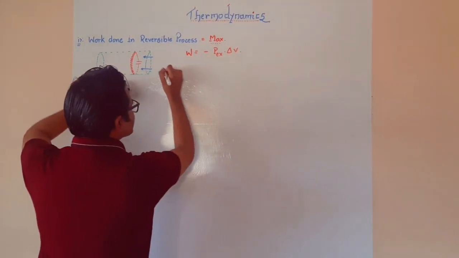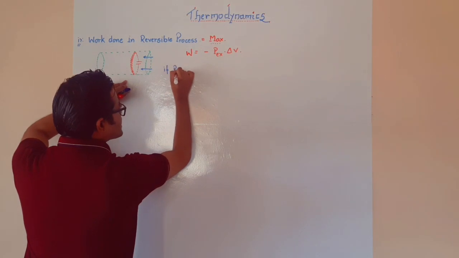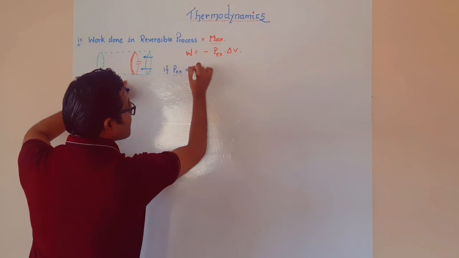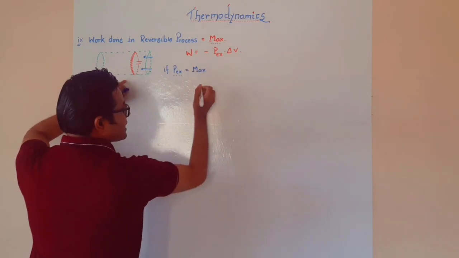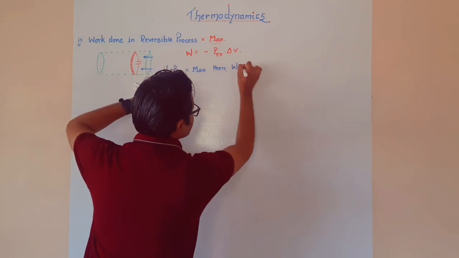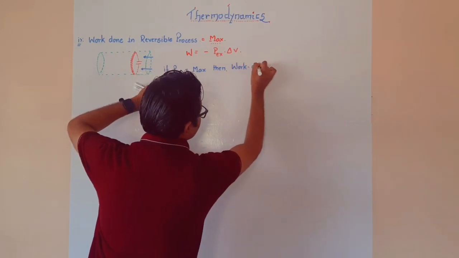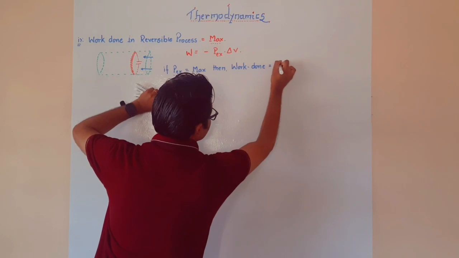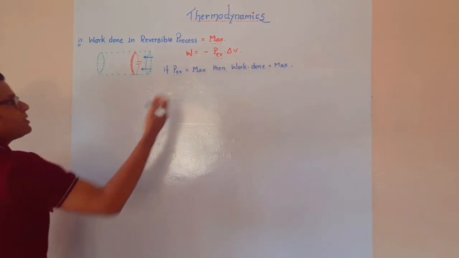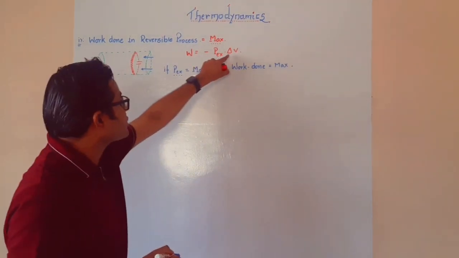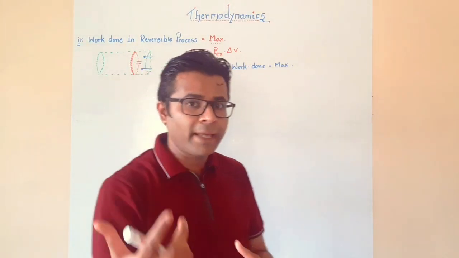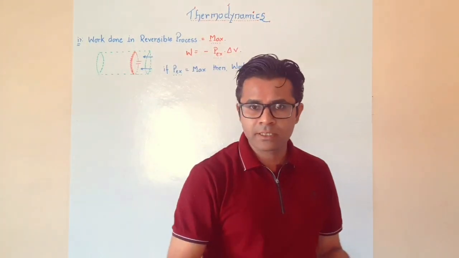If the external pressure that we apply on the piston is maximum, then the work done is going to be maximum, because the volume change will be maximum, and the product of these two gives the maximum work done.